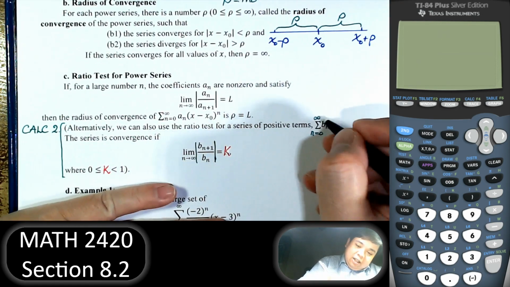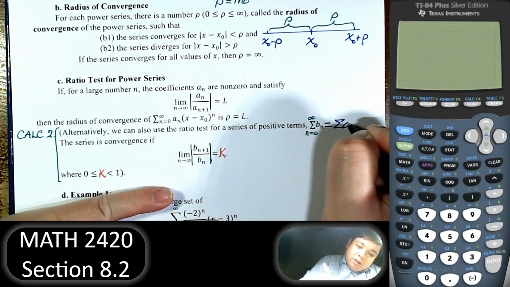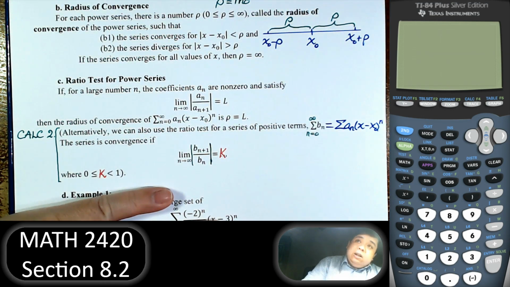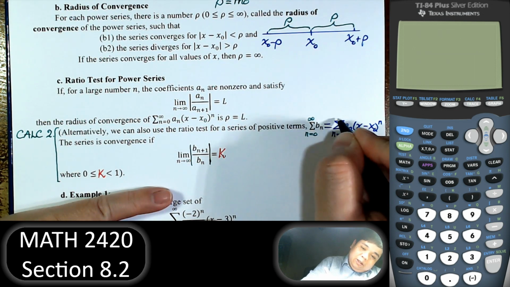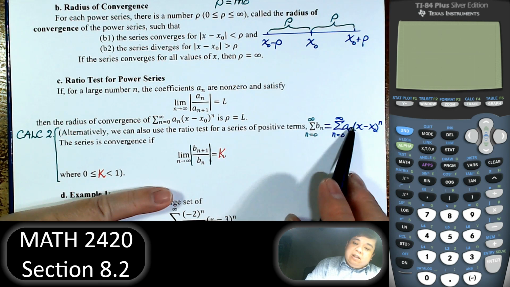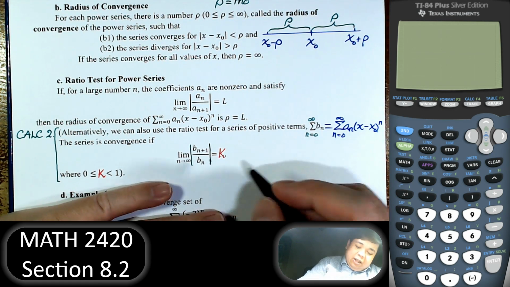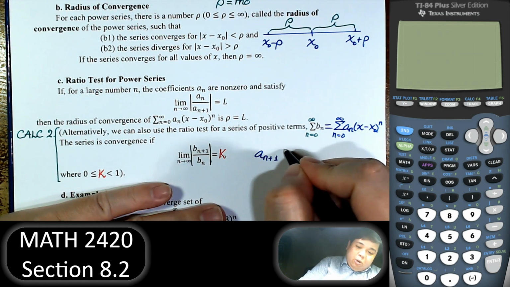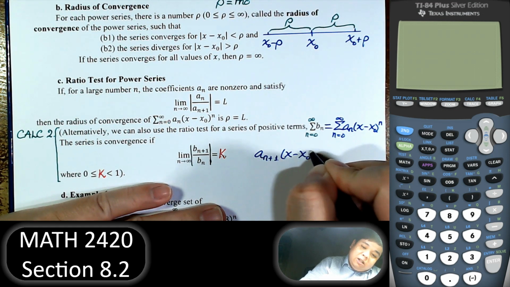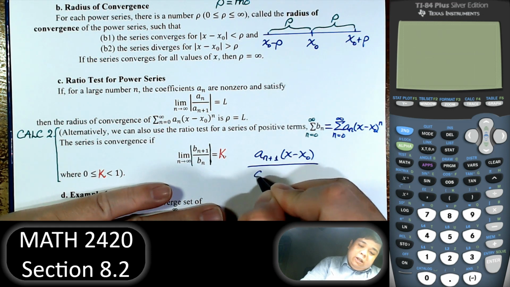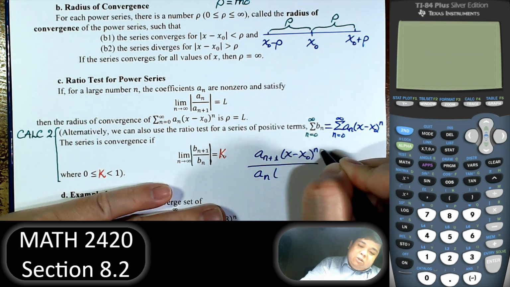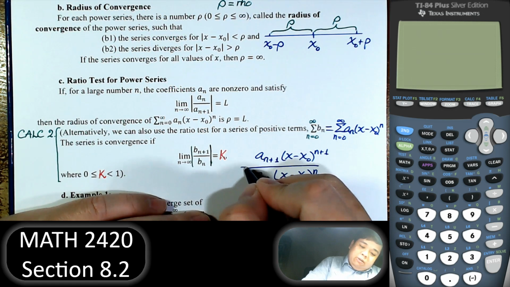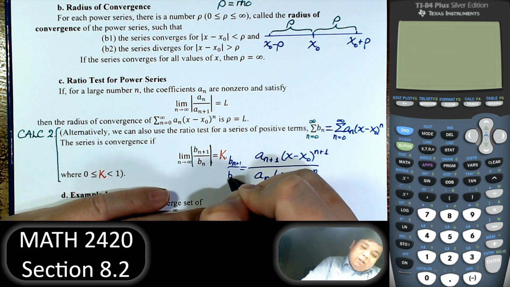If we write b sub n as the power series term, then b sub n equals a sub n times x minus x naught to the n, and the ratio b sub n plus 1 over b sub n is a sub n plus 1 times x minus x naught to the n plus 1, over a sub n times x minus x naught to the n.